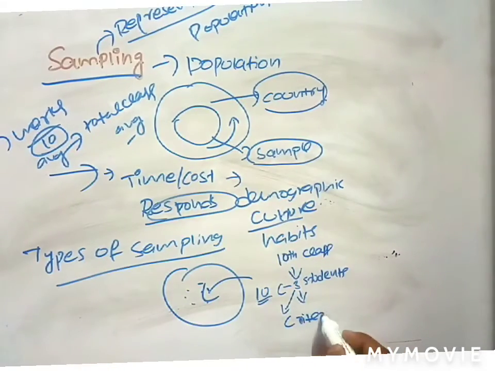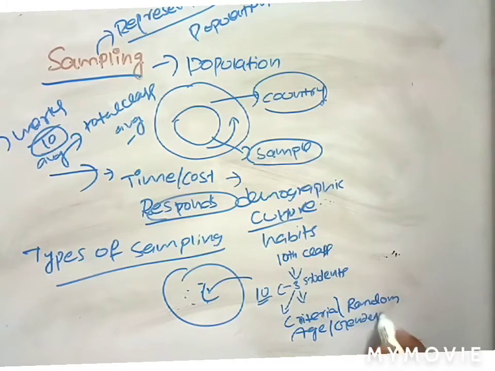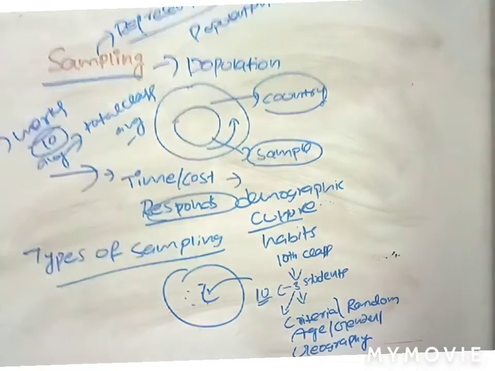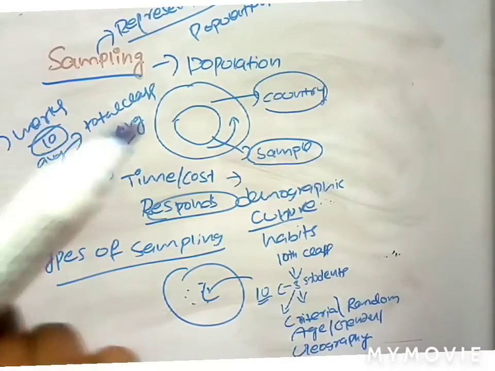We can say it is a criteria, or we can say it is random, or whether it is based on age, gender, or geography. All these things can be factored into understanding the sampling methods.